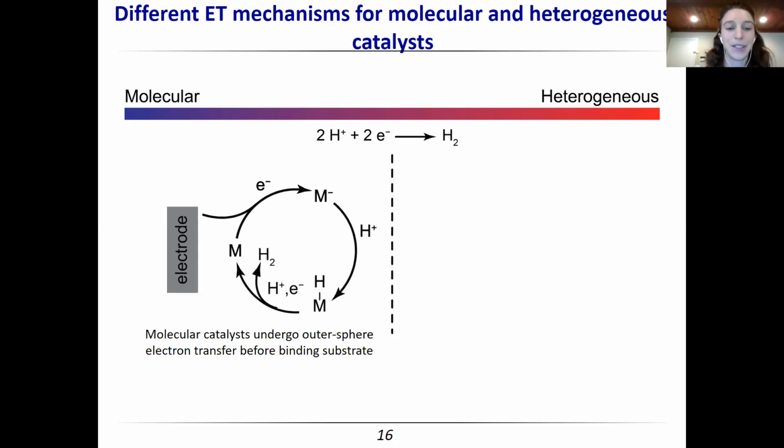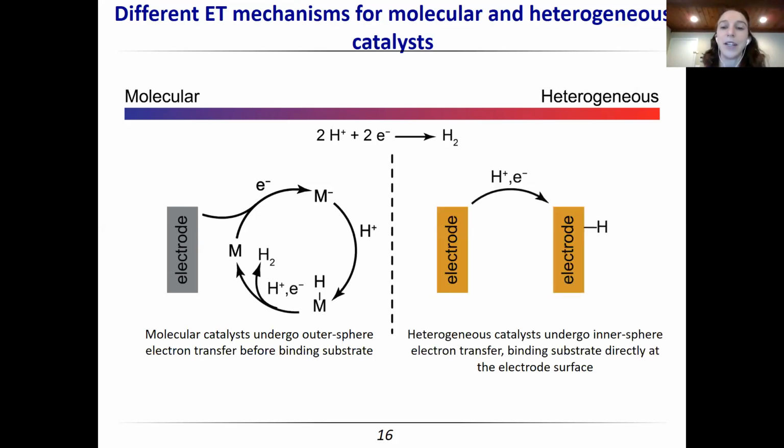Then it could go through subsequent steps to complete the catalytic cycle. And maybe this is a little clearer in contrast. If I'm doing catalysis at an electrode surface, I'm going to transfer the proton and the electron in the same step. This has to do with charge balancing. I can't just transfer an extra electron to an electrode and hold the potential constant. I have to balance the charge there to hold the potential constant.